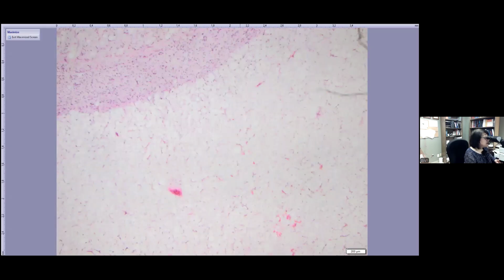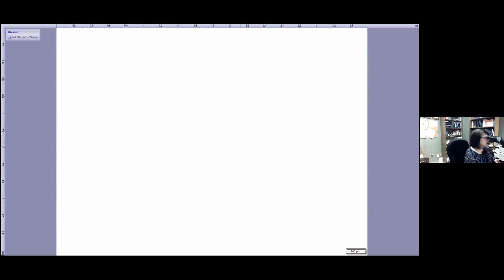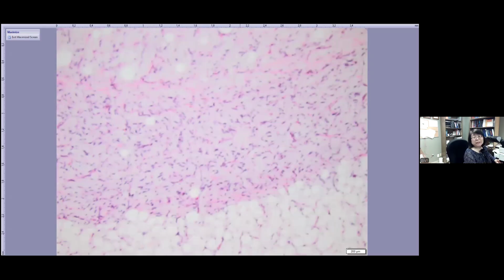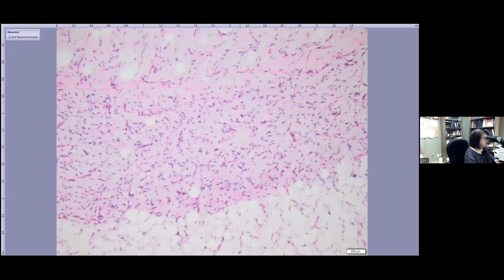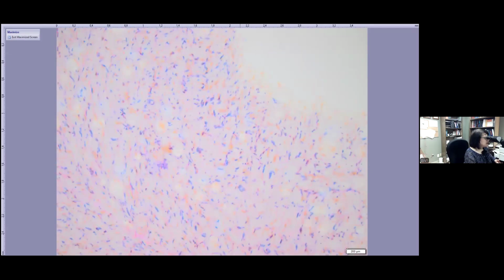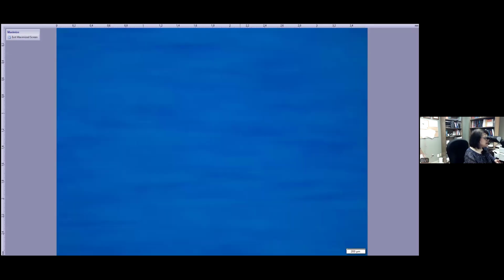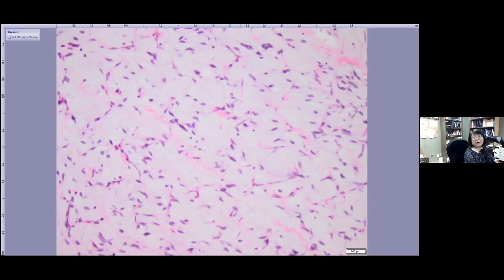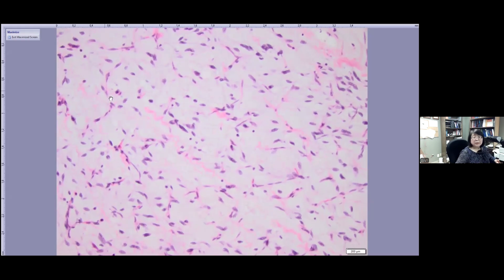Continue moving, there's more cellular with myxoid background. The chicken wire vessel is more prominent, easily seen here. Chicken wire vessel, angulated vessel, connected network, and myxoid background.